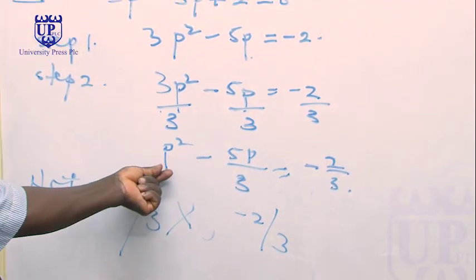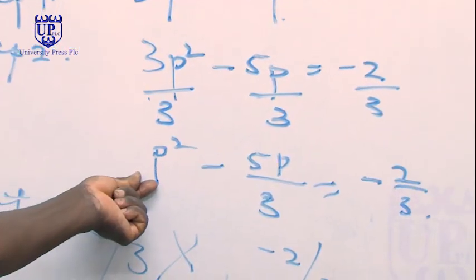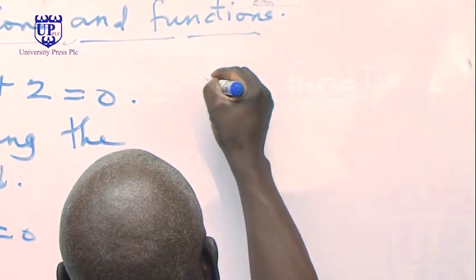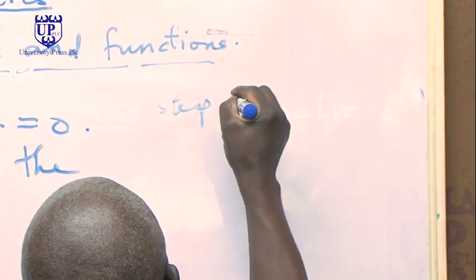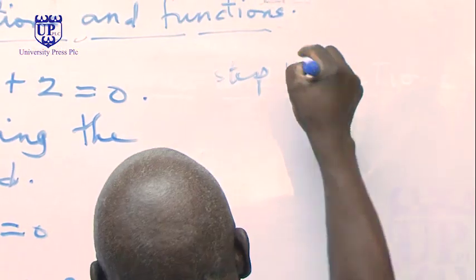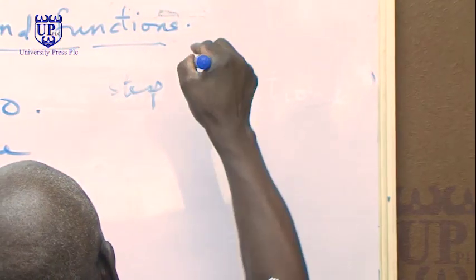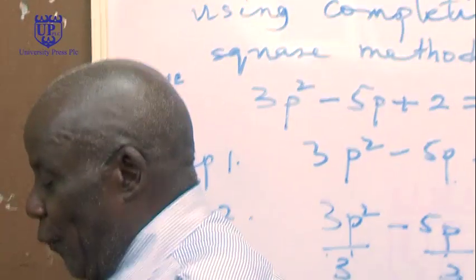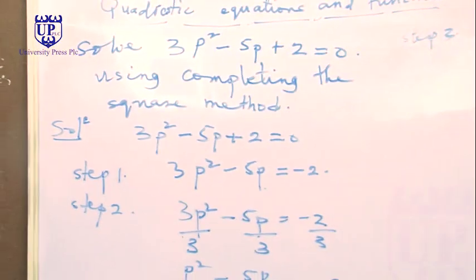Now, step 3: find half of the coefficient of p.